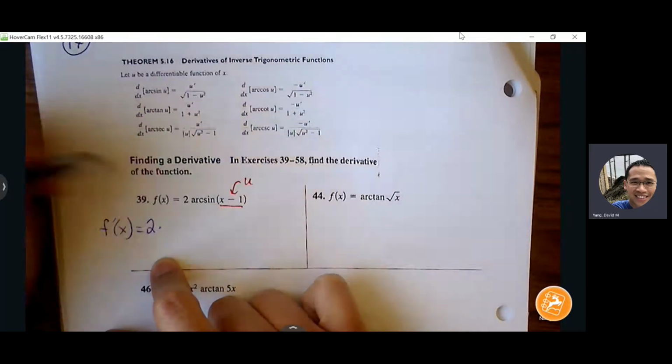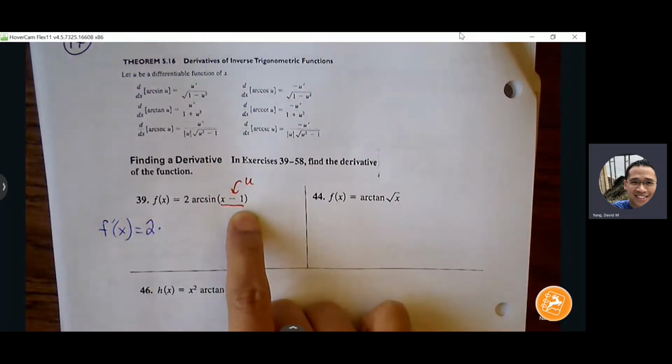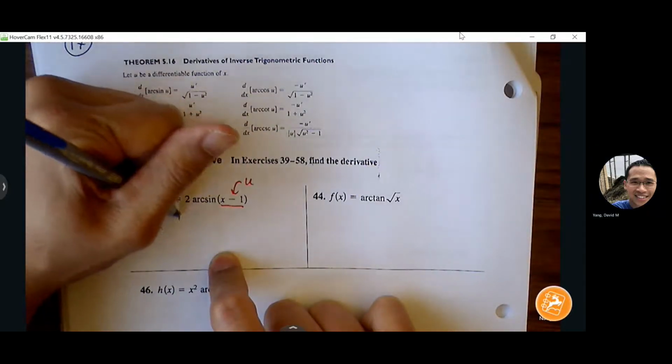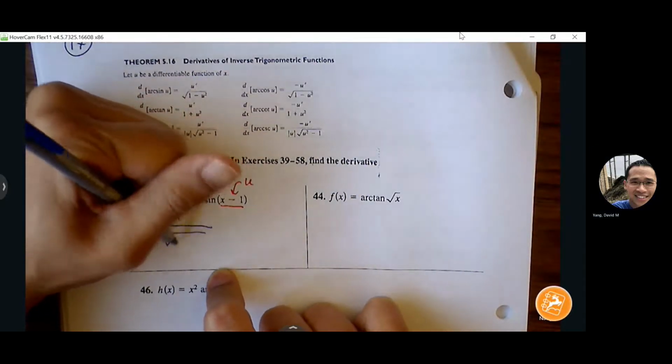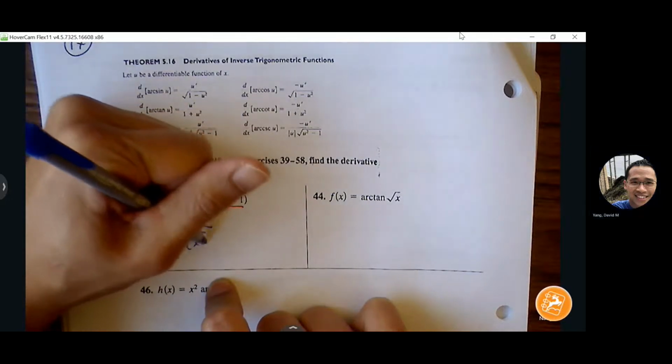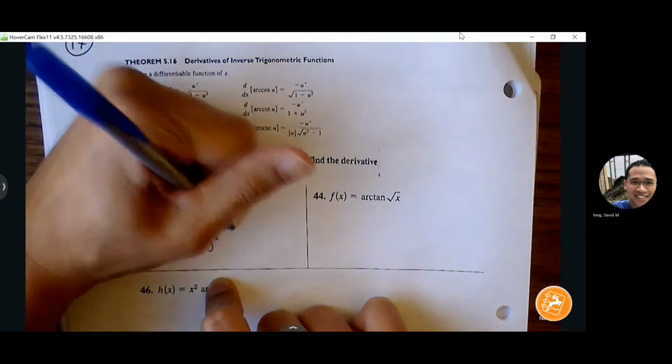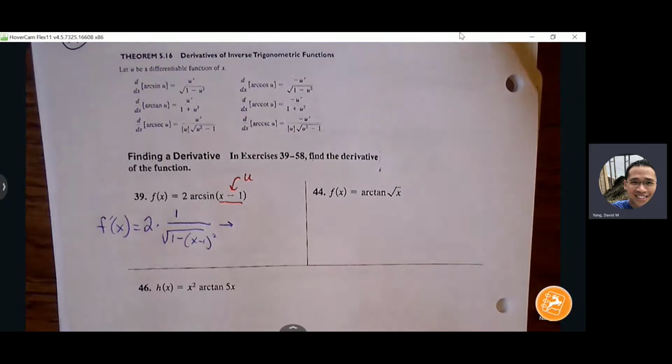Keep the 2, and then just follow the rule u prime over square root of 1 minus u squared. It's okay to leave all that mess inside the square roots.